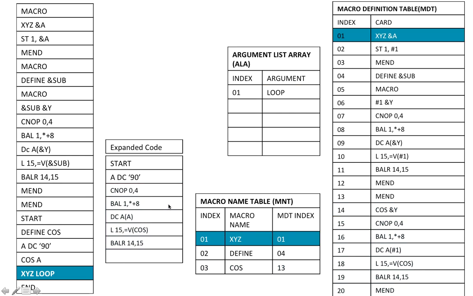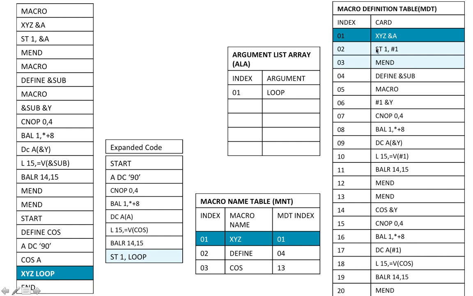Now it finds one more macro call, that is XYZ LOOP. First of all it detects it in the name table, then it finds the position in the definition table, then it goes to that particular location, and here the argument is LOOP, which is stored into the argument list array. Now it starts with the expansion, so lines in the macro definition till MEND will be stored in the expanded code.